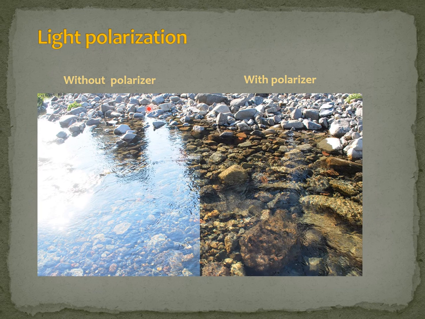In fact, it is. We have here an image taken at a pool, and the same image taken without a polarizer and with a polarizer is completely different, in the sense that the degree of detail we can get with the polarizer is much higher than without it.